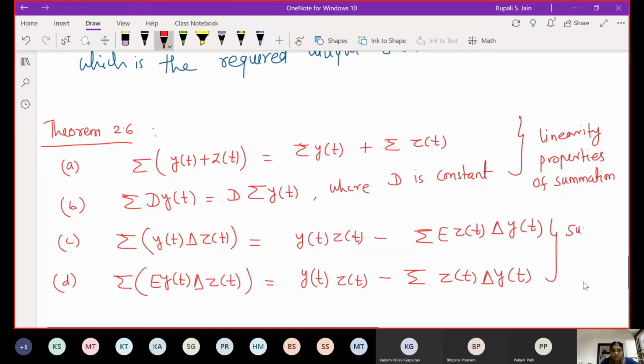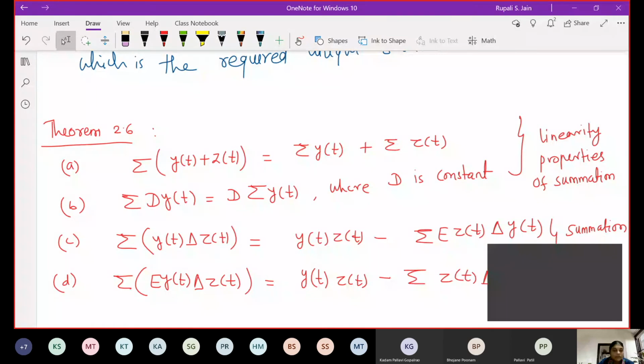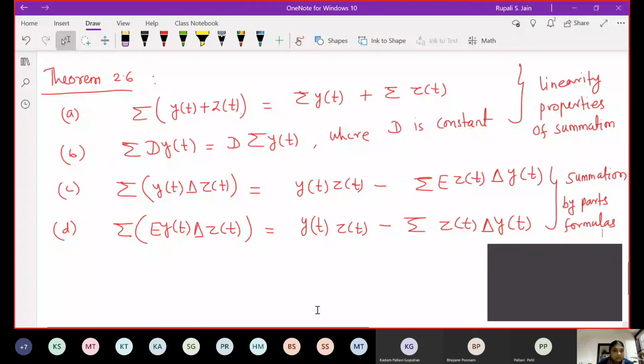These are summation properties. Everybody can see this? Yes, ma'am.